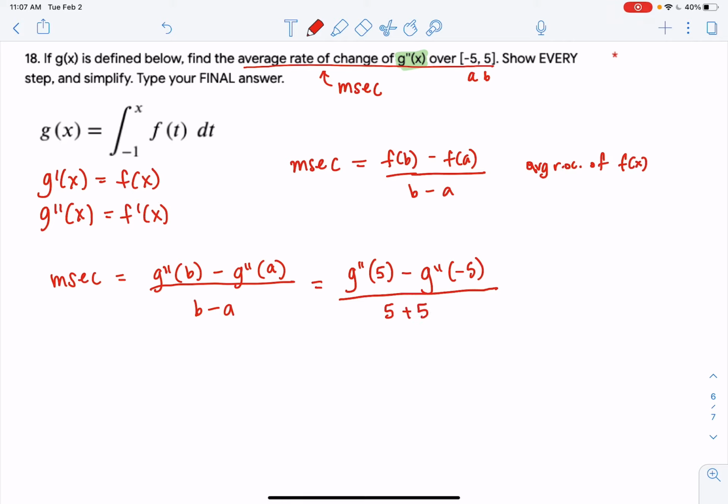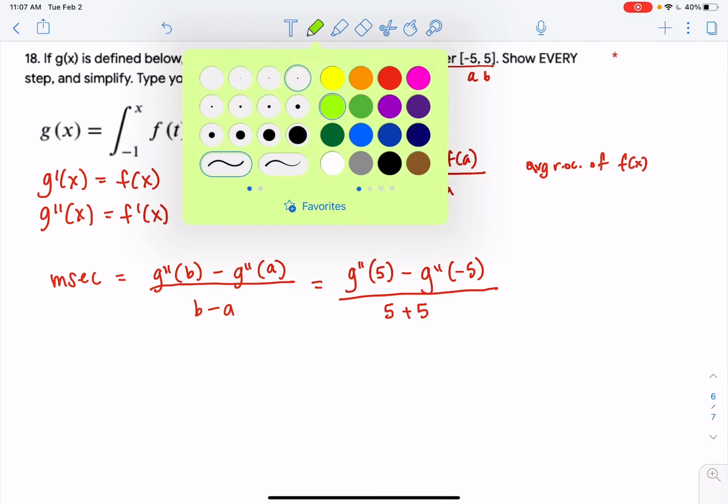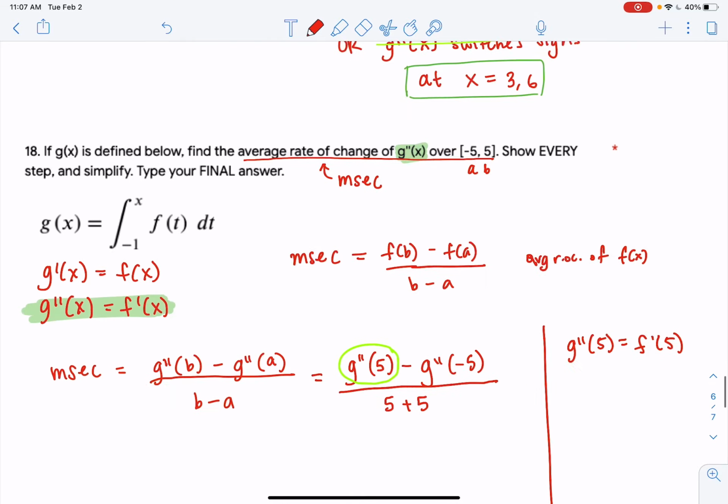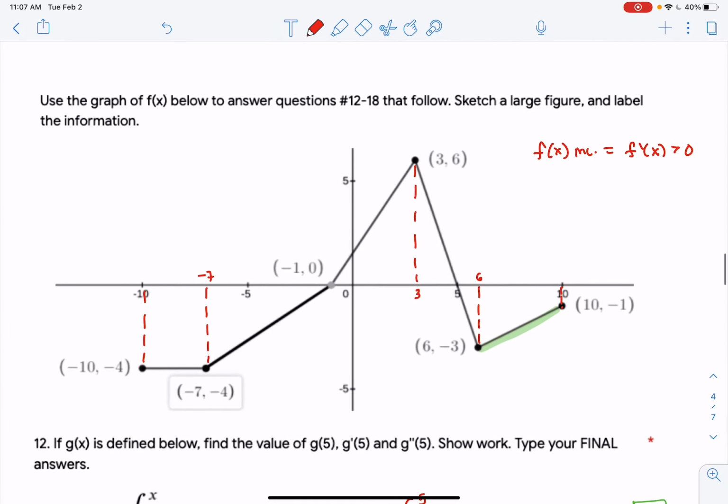So we're going to do a sidebar here. I need to find G double prime of 5. Let's find that first. G double prime of 5 is nothing more than, using this formula, f prime of 5. So I need to go to 5 on my graph and find the slope. Let's do that. Let's go to 5 on the graph.